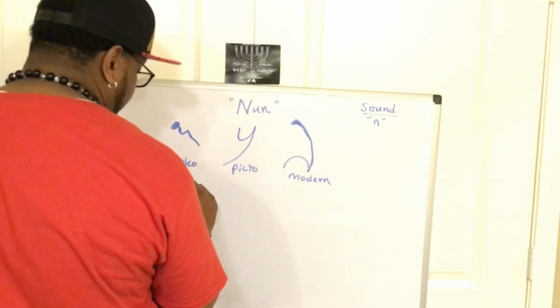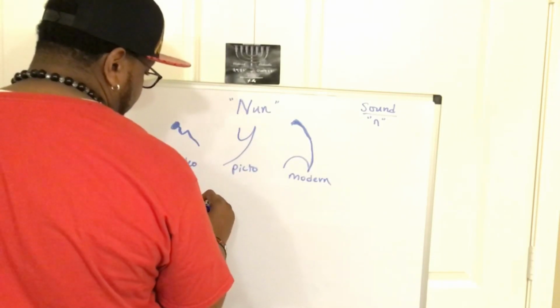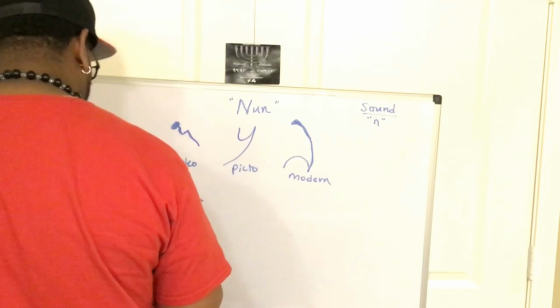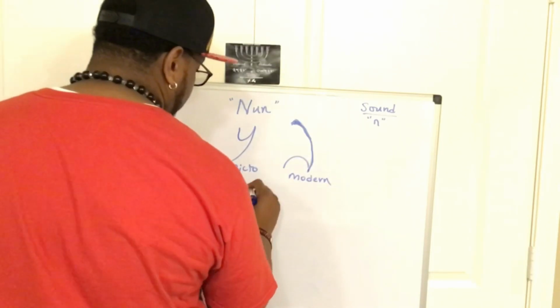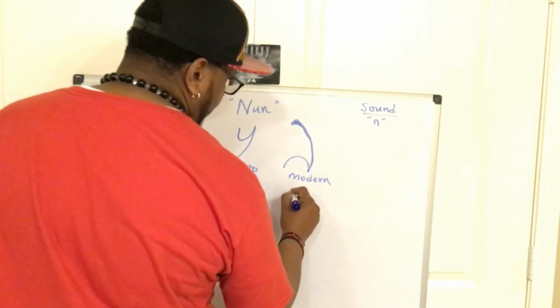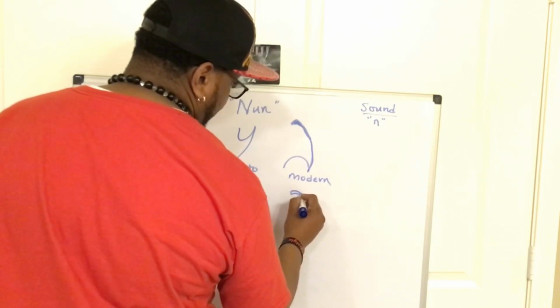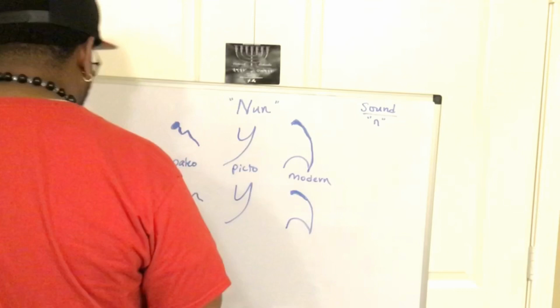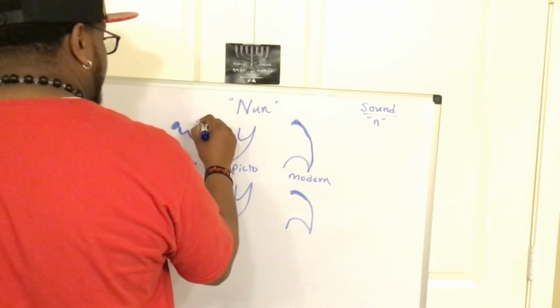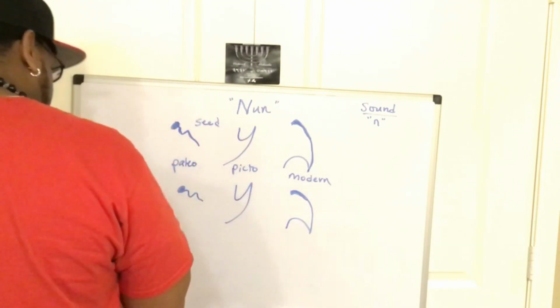So let's draw it again. A seed. See? A seed. That is the Nun. It represents what we said, the seed, son of the seed.